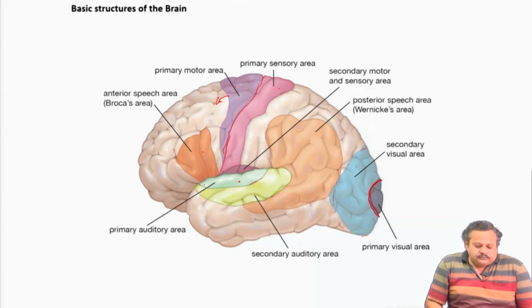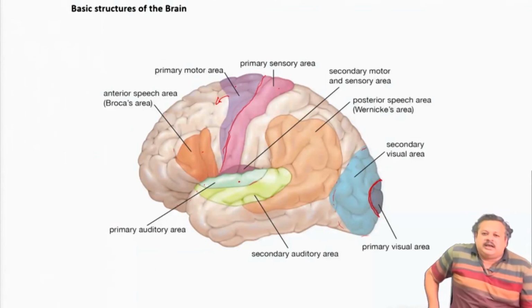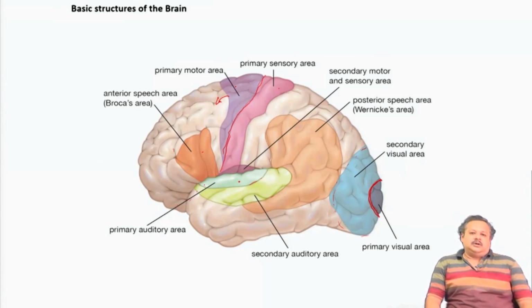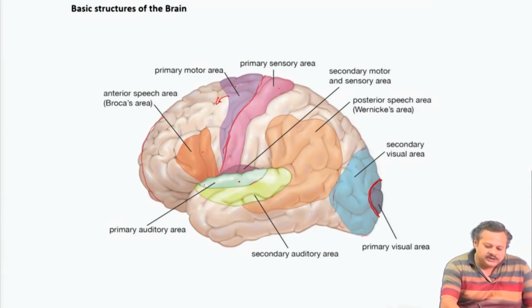There are a number of different sub regions in the prefrontal cortex which are involved in a variety of executive functions like working memory, decision making, flexible behavior, attention, and so on. All these higher order functions are controlled from the prefrontal cortical regions in the frontal lobe.